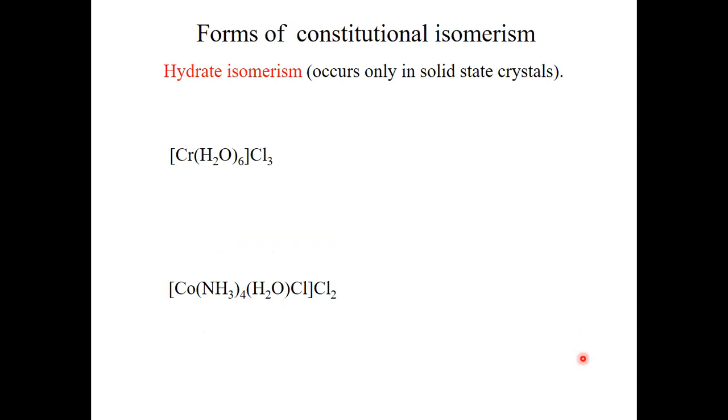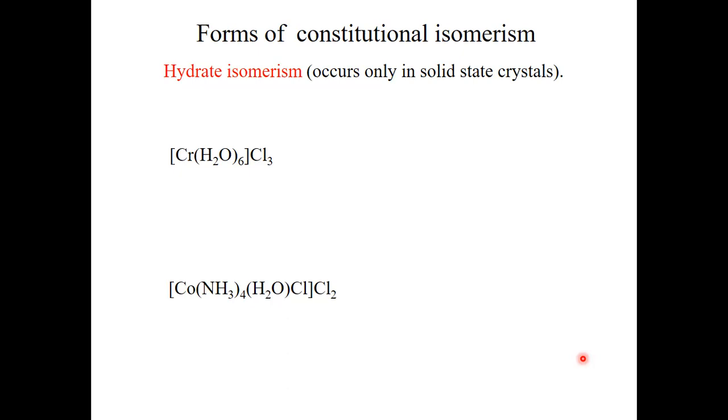So when we talk about hydrate isomers, then we talk about two different compounds in which in one isomer a water molecule is bound directly to the ligands in the first coordination sphere, while in the other isomer, it's not directly bound to the ligand, but it actually exists as an isolated water molecule within the crystal.